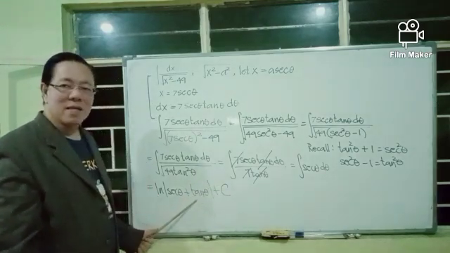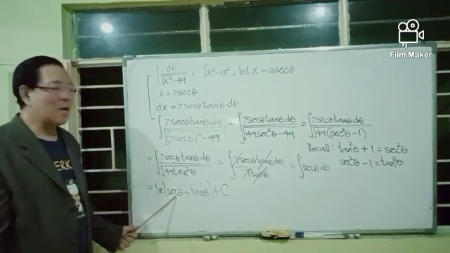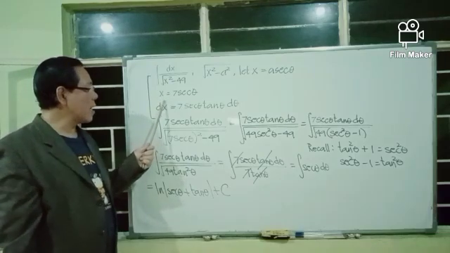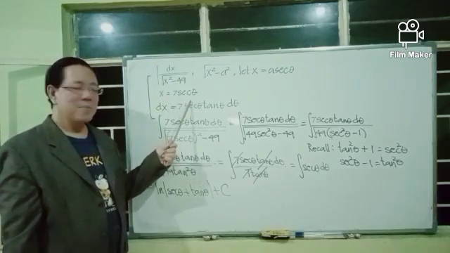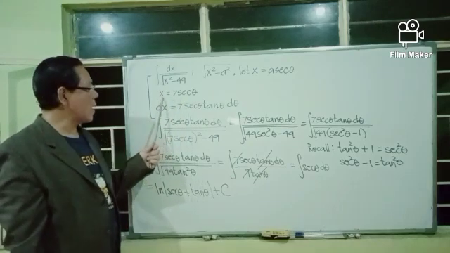Now we have to write this in terms of the original variable x. We already have the value of secant theta from this substitution that we used, x equals 7 secant theta. And we divide both sides by 7, therefore secant theta is equal to x divided by 7.